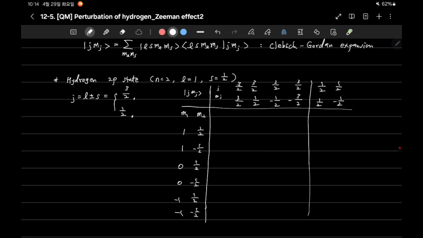In this case, in the table in the textbook, here the Clebsch-Gordan coefficient, table 11.3, 11.4. It is J1 equal to 3/2, J2 equal to 1/2 case.